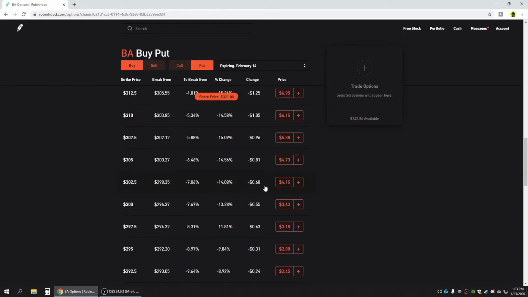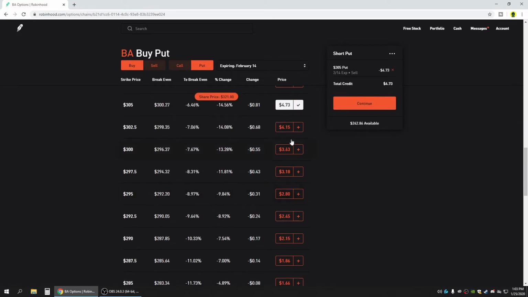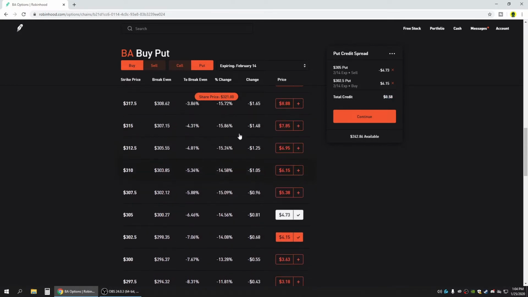The same thing on the put side, but exact opposite. As always, if we were to sell the 305 here and buy the 302.5, we'd get a credit of $58. But what this is saying is that Boeing will not go below 302.5, and if it does, we'll lose our total credit plus our risk.